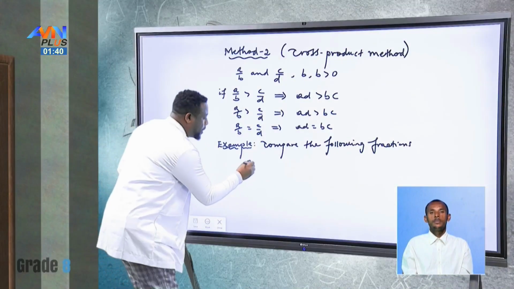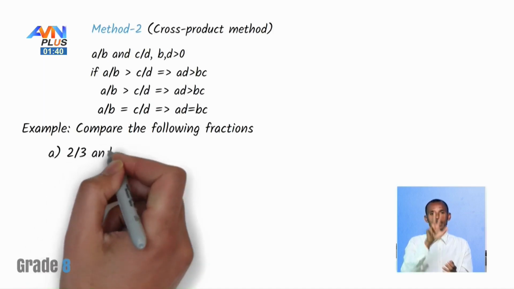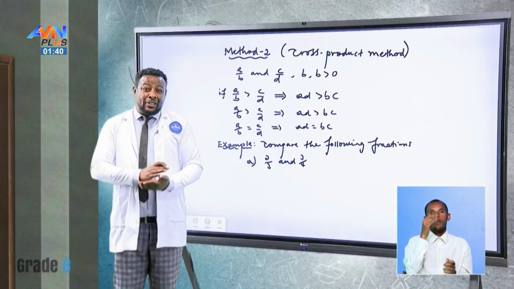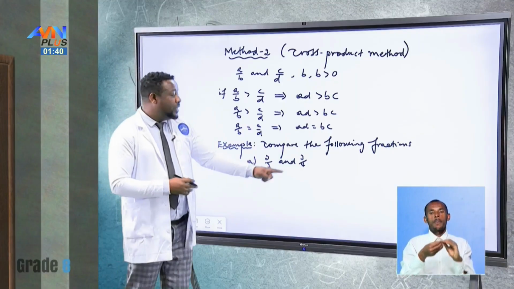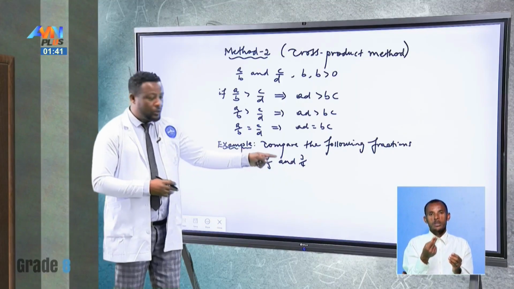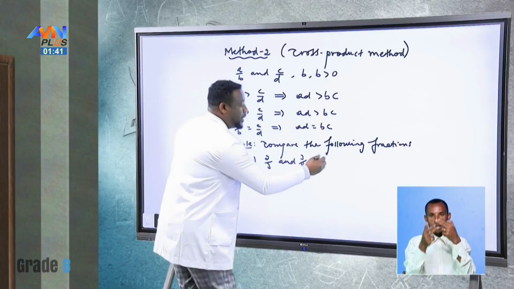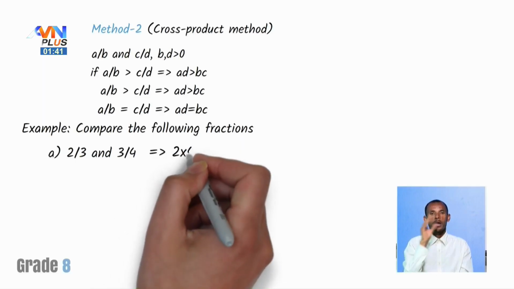The first part, take 2 over 3 and 3 over 4. If you are asked to compare these numbers, we take the cross product. Compare 2 times 4 and 3 times 3.